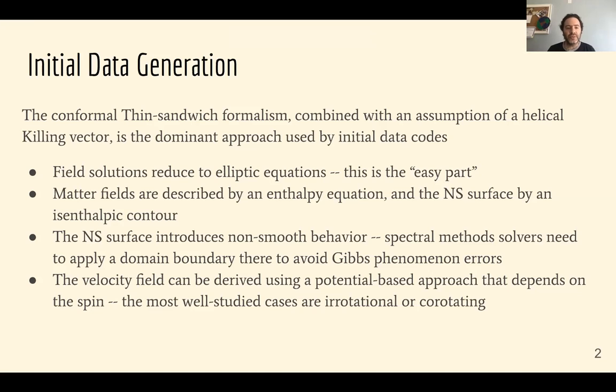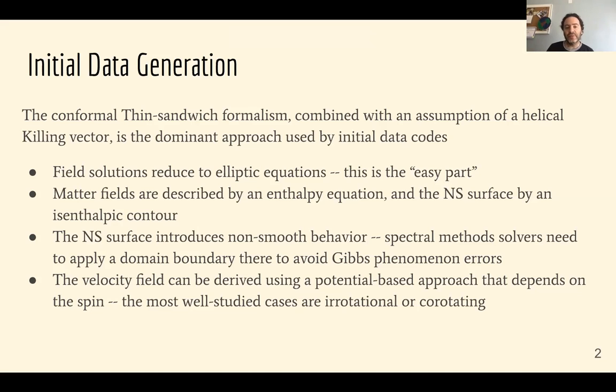The solutions for the general relativistic fields, the space-time metric, reduce to elliptic equations, and certainly at this stage, solving elliptic equations in space is typically the easy part of any code. Matter fields, particularly things like the density, can be described by an enthalpy equation with the neutron star surface being an isenthalpic contour in your actual code.